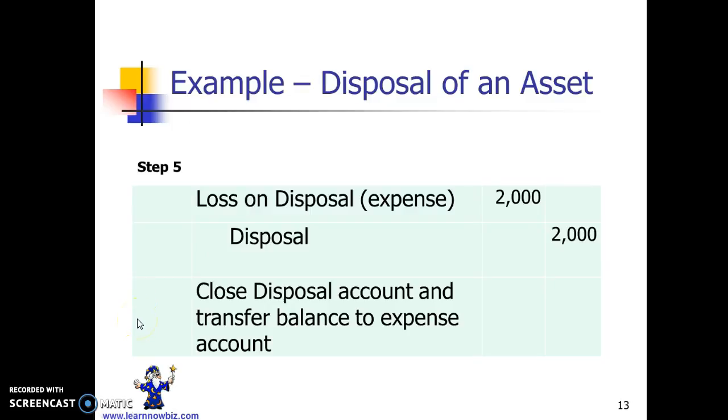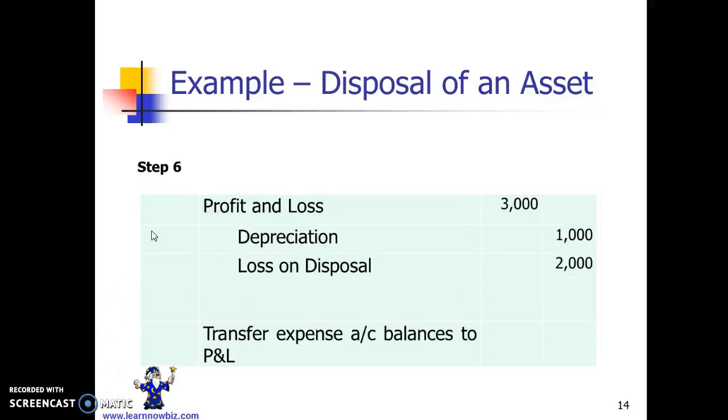We debit loss on disposal because it's an increase in expense, and we credit the disposal account because we want to bring the disposal account to zero, because remember it is a temporary account. Remember, this is the last step in the disposal of an asset. Remember again that we don't have to worry too much about this step because we're going to cover it in a lot more detail later on in the course.